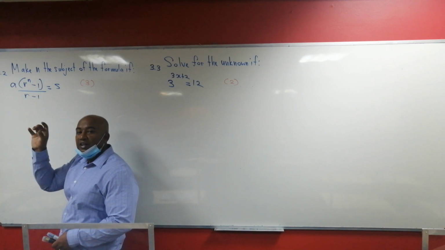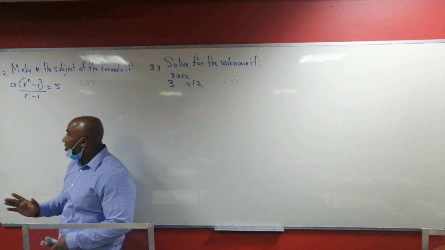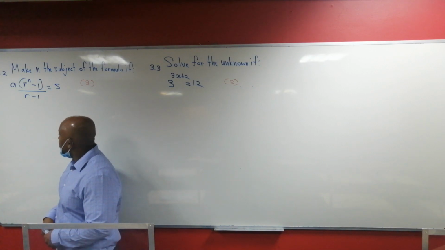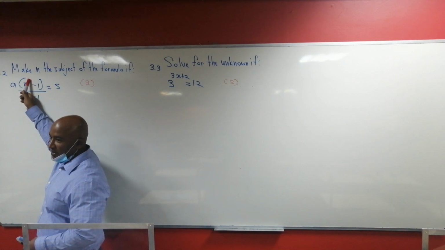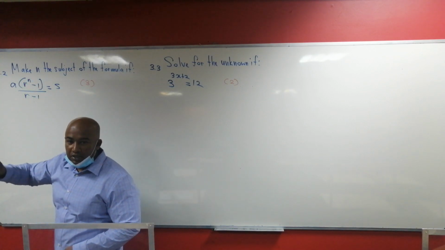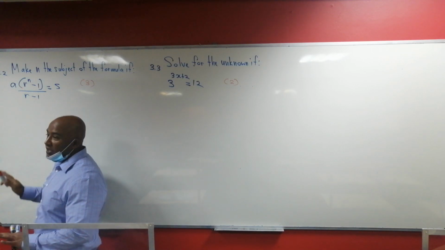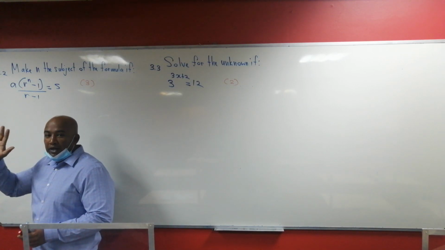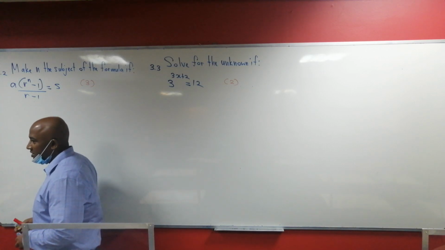You need to identify that term and get that term alone on one side first before you can do anything else. The term that has n is r to the power n. So the logical thing to do is try and isolate, in other words, rearrange this whole equation and get r to the power n on one side. Whether it's left or right doesn't really make a difference.